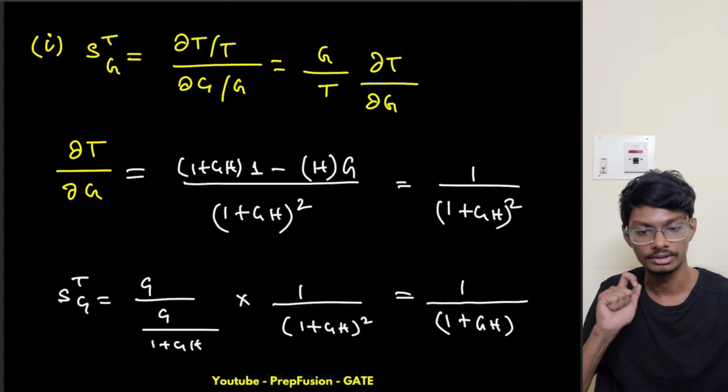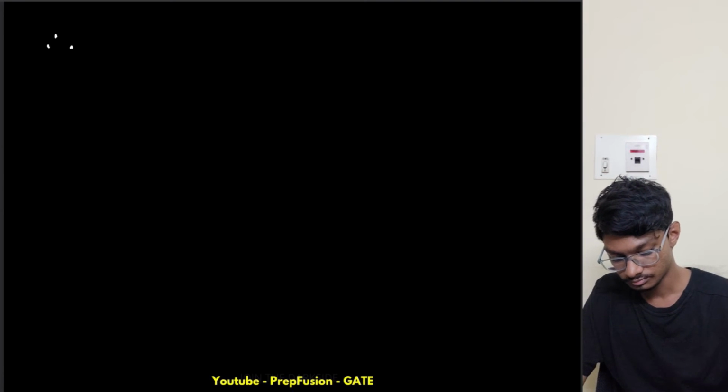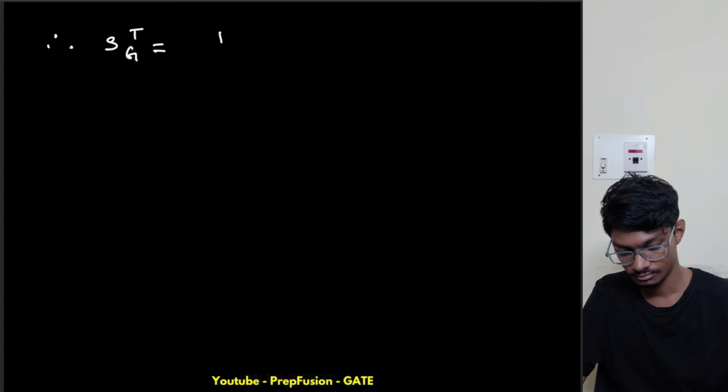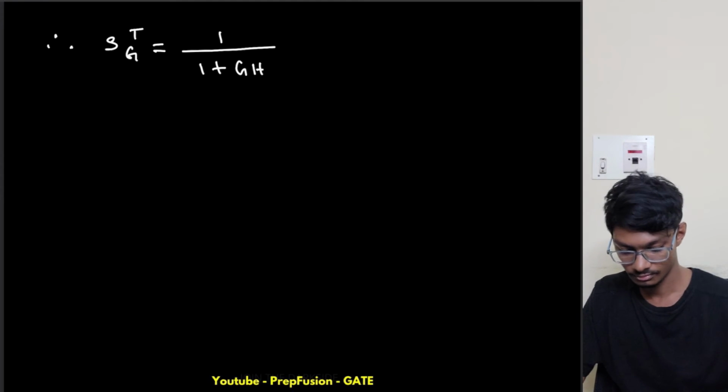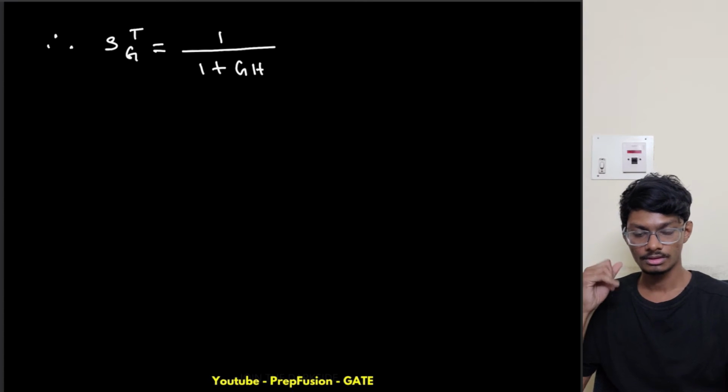So our sensitivity comes out to be 1 by 1 plus gh. So this is basically our sensitivity.